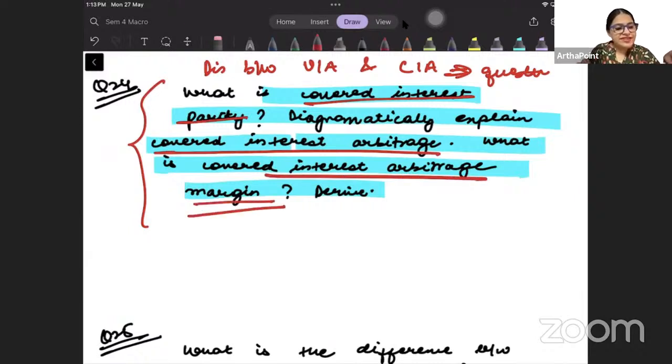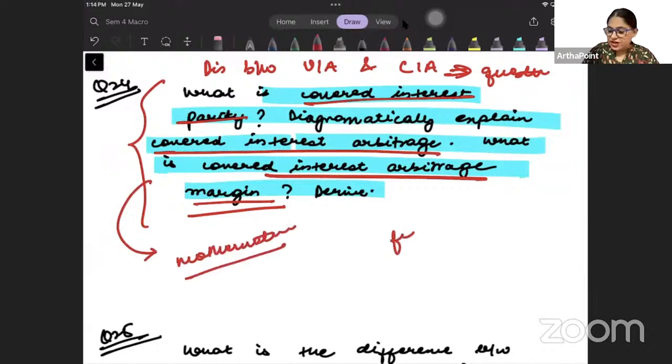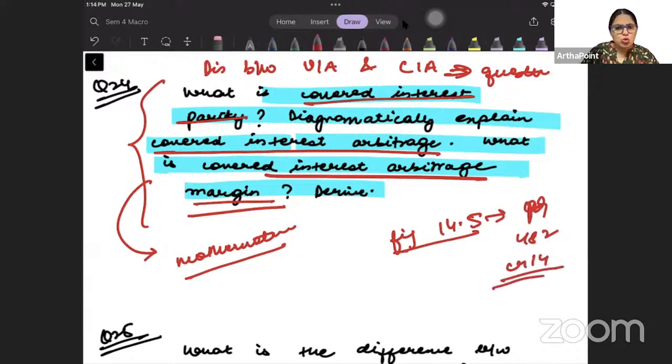This entire part is super important from exam point of view, बहुत ही ज्यादा important है, और एग्जाम में इसका मैथमेटिकल डेरिवेशन भी आ सकता है और डायग्रामेटिक अप्रोच भी. So figure 14.5 of page 482 chapter 14 is super super important, बहुत ही ज्यादा important है.